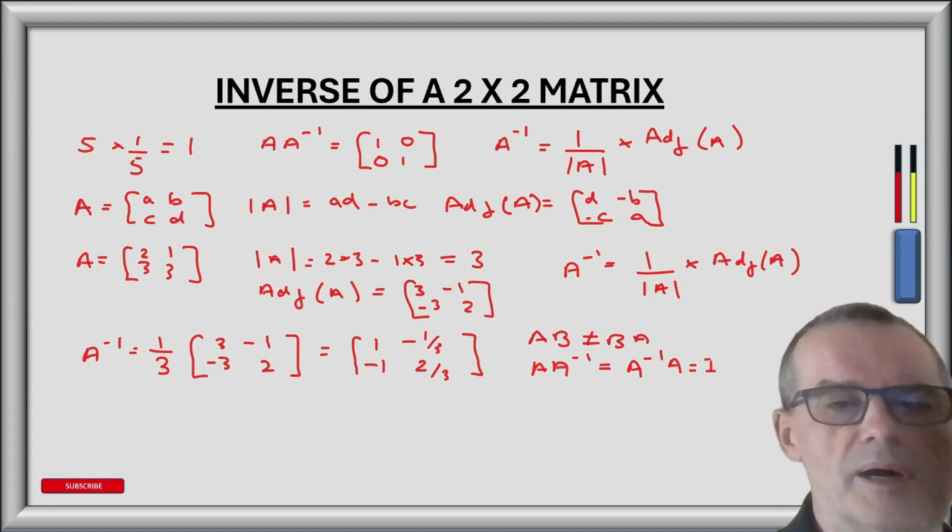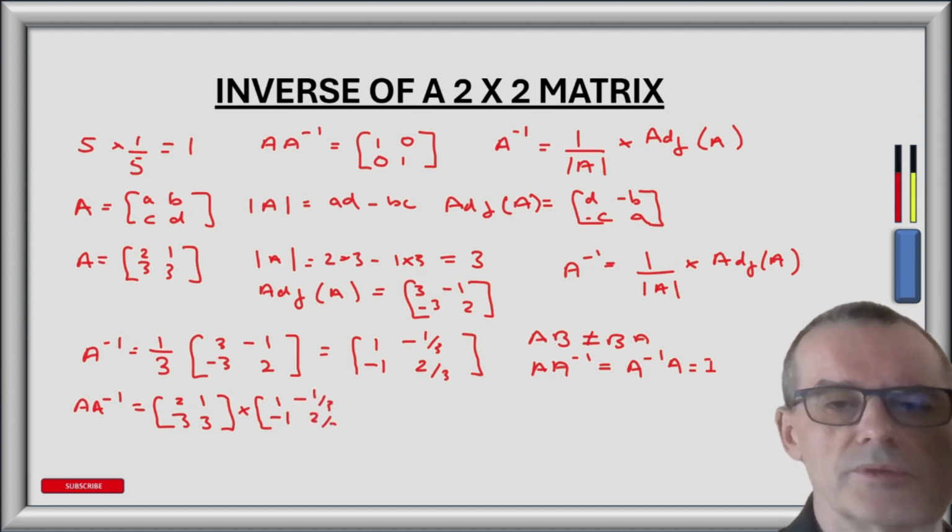So let's start by multiplying A by its inverse. So A times A minus 1. We have A is 2, 3, 1, 3. If we multiply that by 1, minus 1, minus 1/3, 2/3.